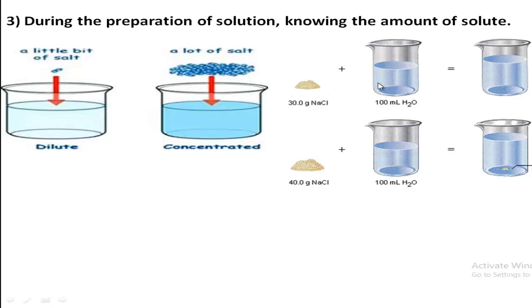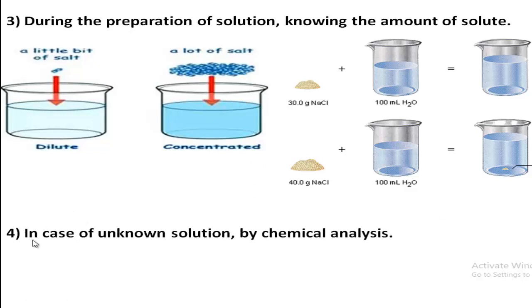So the solution in which 30 gram sodium chloride is used is obviously the dilute solution, and the solution in which 40 gram is used is the concentrated solution. In this way, by knowing the amount of solute, we can prepare dilute and concentrated solutions, and also identify them.